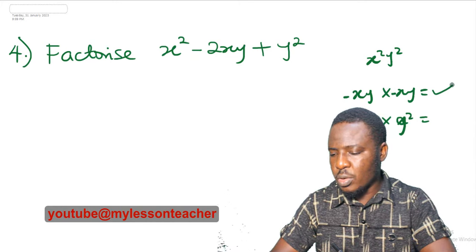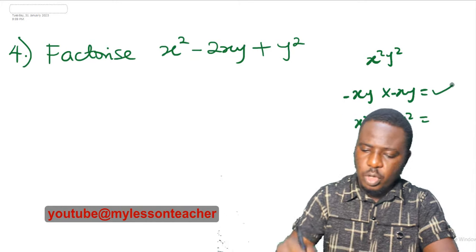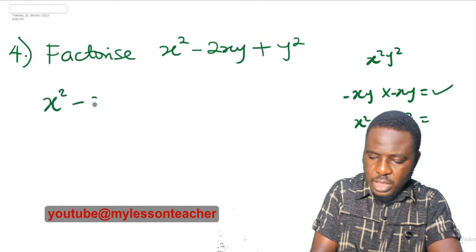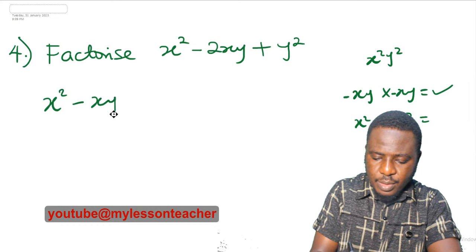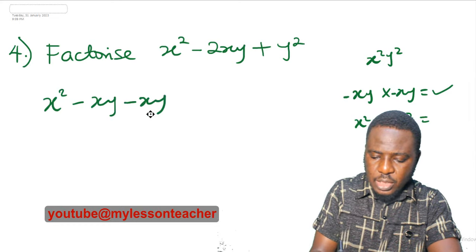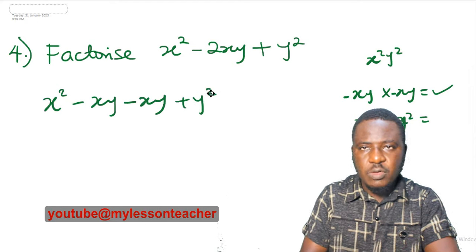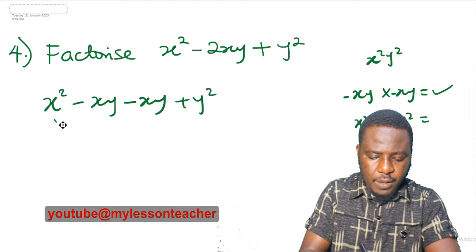So if you make this negative, negative, this happens to meet the two conditions. So we also replace it with the middle term, and this becomes x squared minus xy minus xy plus y squared. So factorize them out in twos.